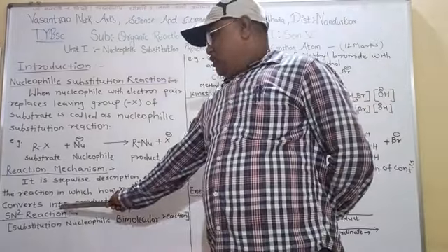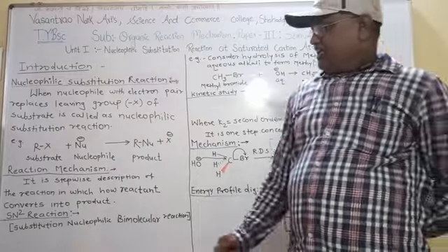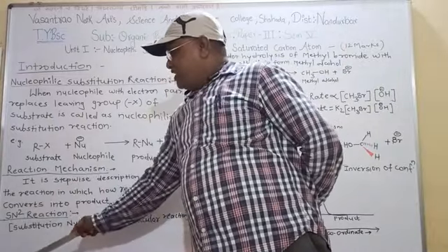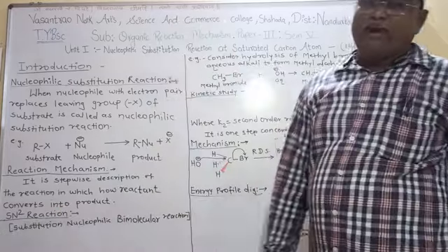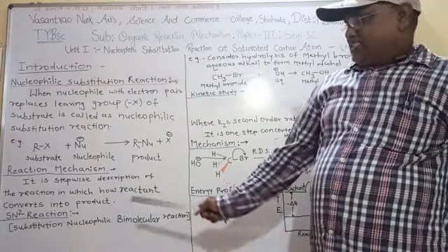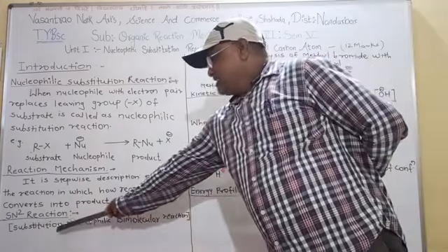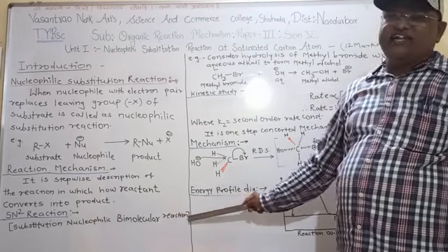Now, what is meant by SN2 reaction? Here S stands for substitution, N stands for nucleophile and 2 stands for bimolecular. So SN2 reaction is nothing but the substitution nucleophilic bimolecular reaction.